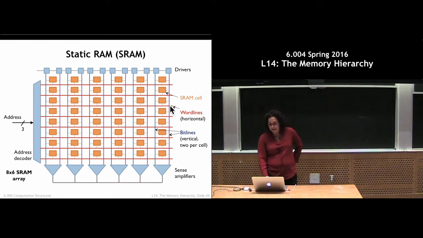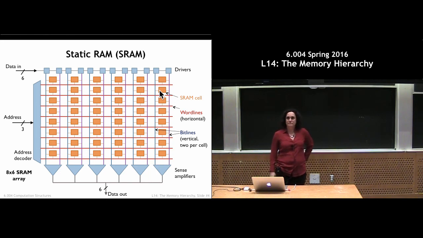On these bit lines, we're going to either read the data that's in the cell, and that information, it's actually analog data, is going to come through these sense amplifiers so that we can read the data. Or if we want to write the data, we're going to put data in through our drivers. They're going to drive these bit lines, and that in turn will cause the cells of the selected word to get overwritten.